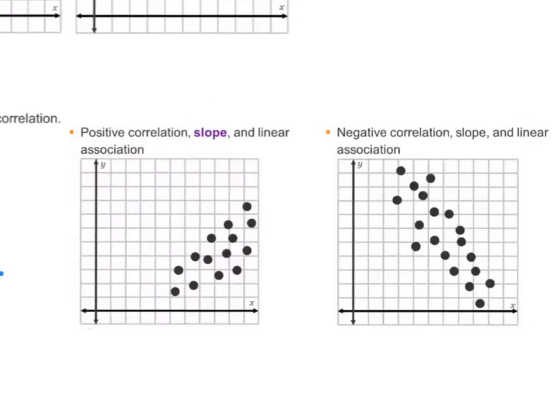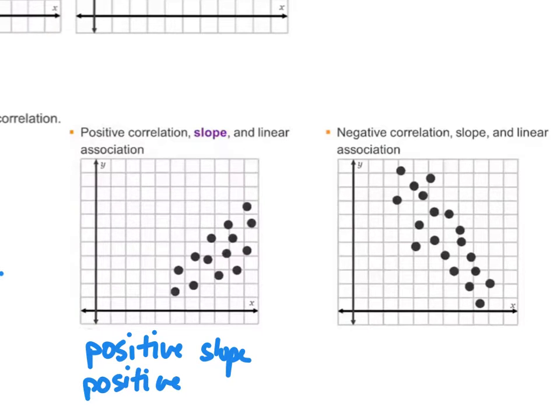Positive correlation, slope, and linear association all kind of mean the same thing. But this would have a positive slope, because we have a positive correlation. And so we could draw a line here that has that.